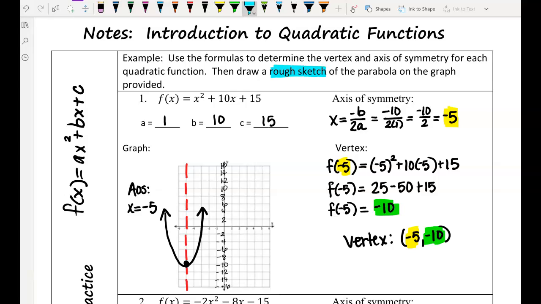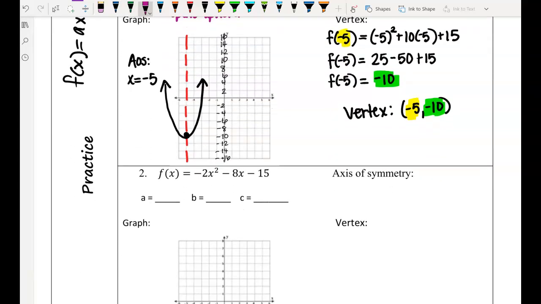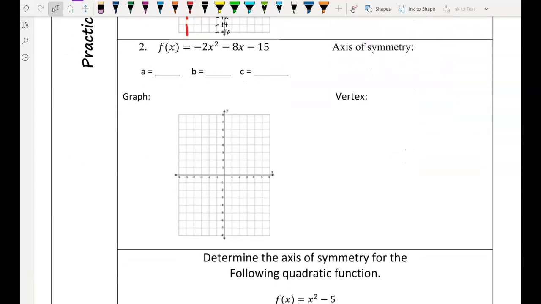Rough sketch means we knew this was going to open upward because a was positive, just from the a value being positive. And we just drew at that vertex a parabola facing upward. So let's look at the second problem here.